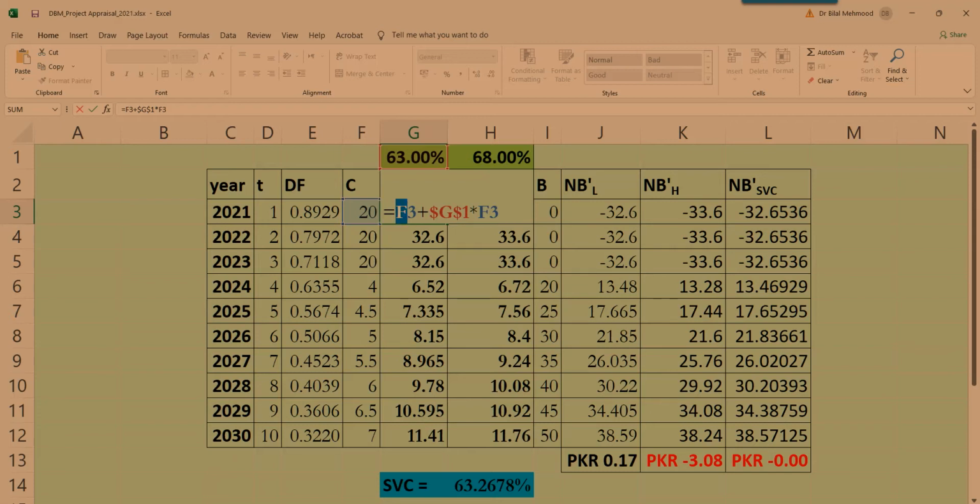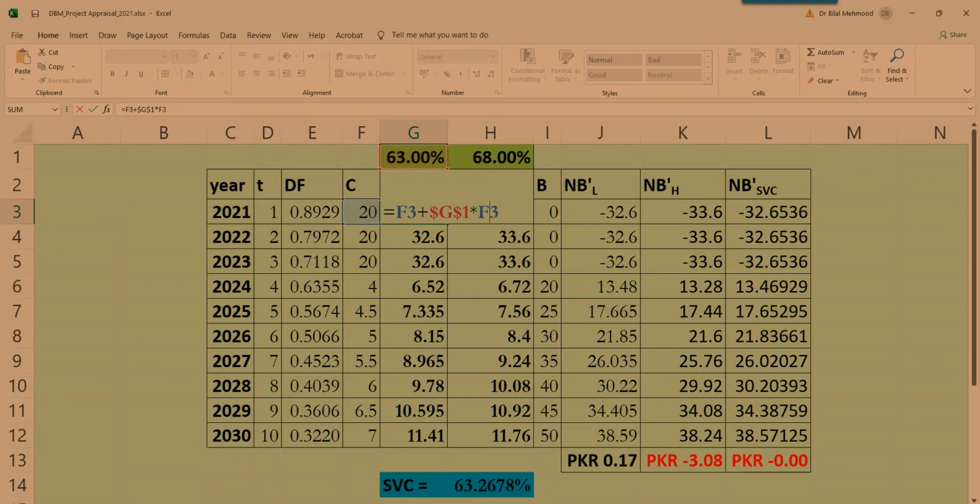is the value of the cost, and we are adding the G1 cell multiplied with the original value of the cost. It means that we are adding 63% in the cell of the cost, because F3 has cost.